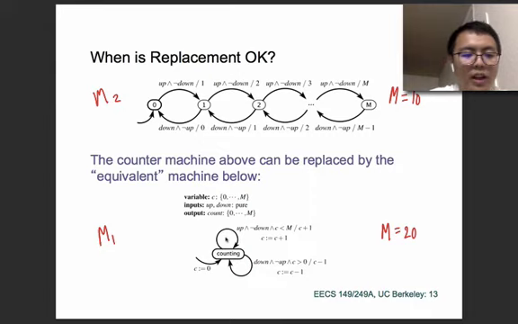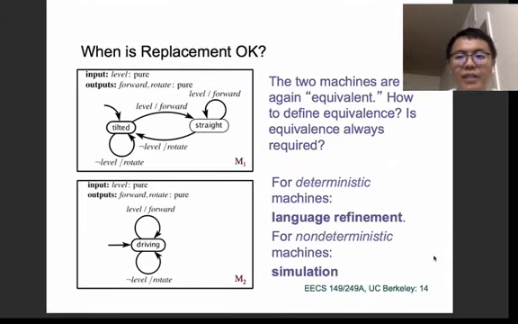Language equivalent, and both machines are deterministic, and it's also similar. And again, in this example, the M1 and M2 are again equivalent.